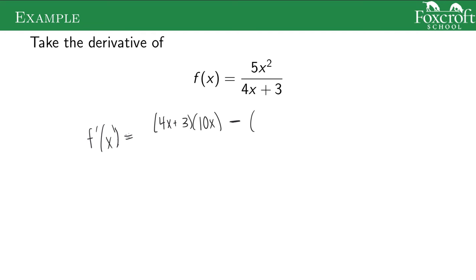Now we do high d low, so we keep the original high function and multiply that by the derivative of the low function, which is 4. And all that's over the original low function being squared. Right now, we're just getting used to this formula, so we'll leave it there. Generally, you would simplify this top by distributing out and combining like terms. But right now, just figuring out what the quotient rule is saying, it's fine to stop right there.